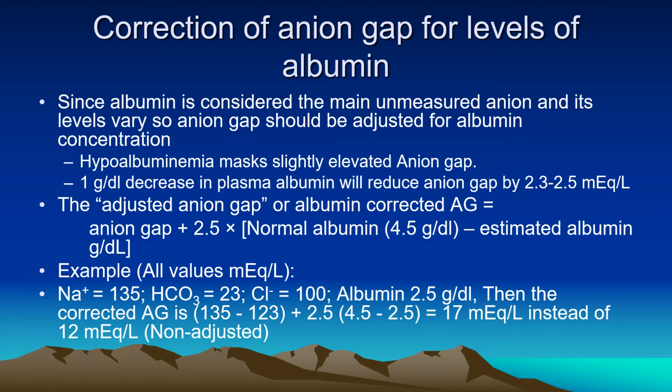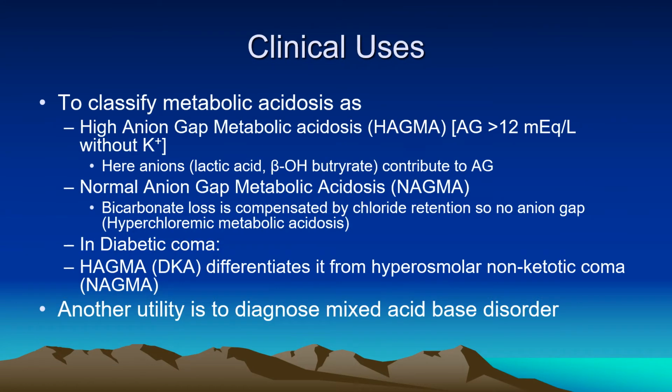Then the corrected anion gap will be 135 minus 123, plus 2.5 times the difference of albumin, 4.5 normal minus 2.5, so the difference of albumin is 2. 2 multiplied by 2.5 is 5, so 12 plus 5 is equal to 17 milliequivalents per liter, instead of only 12 milliequivalents per liter if it is not adjusted with albumin level. So here we can realize that albumin adjustment is important. Now, what are the clinical uses of calculation of anion gap?